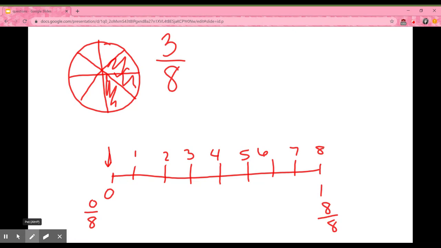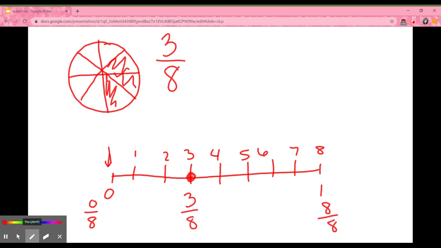So if we wanted to show 3/8 as well, all you would do after you had it broken into your 8 pieces is mark the third dot, because that is the third one out of 8 total.